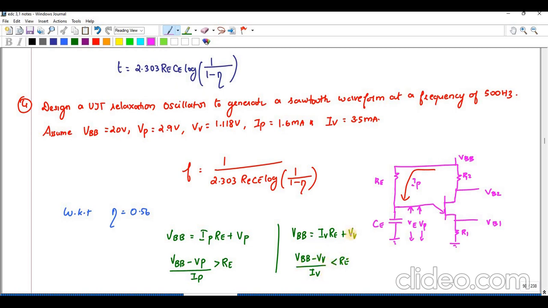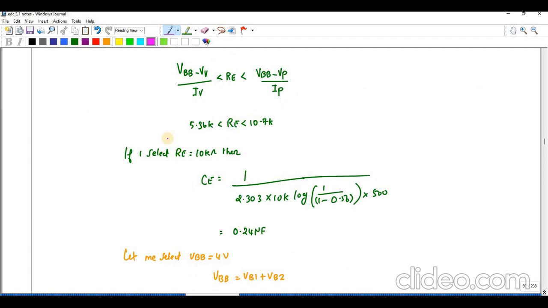So I can write the range of RE from the above derivation. Once I solve this equation, I will get RE values between these values only. So I can take RE value as 10K.